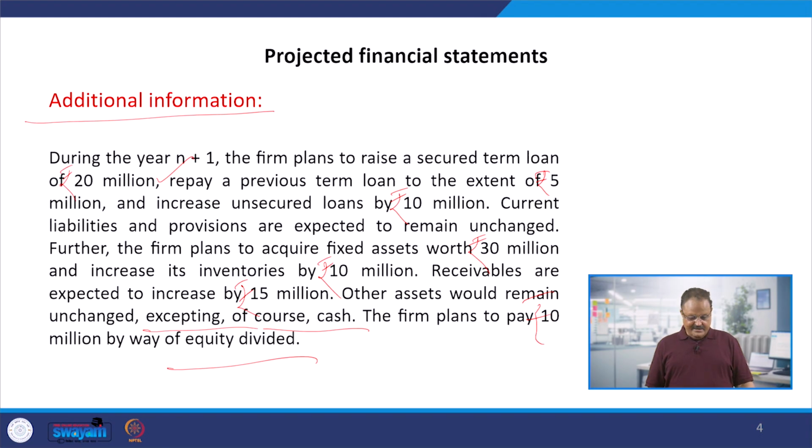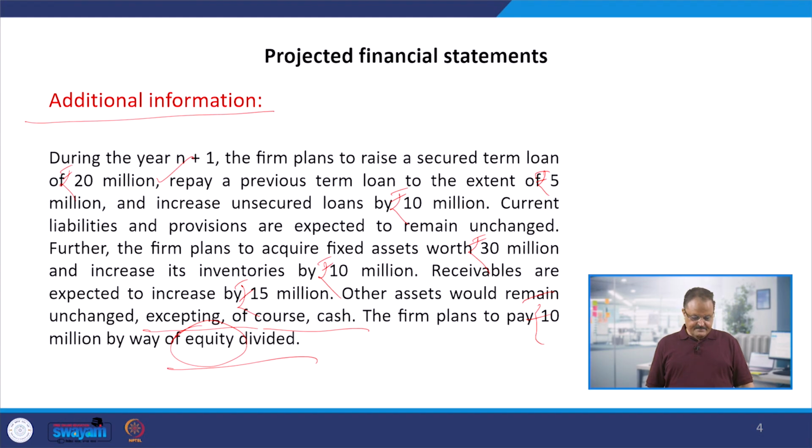Other current assets will remain the same, and besides this the firm, out of its profits, wants to return something to the entrepreneurs also. So we call it equity, maybe investment in any form by the entrepreneur in any business form, we call it equity. So the firm wants to return something to the entrepreneurs also in the form of the equity dividend.